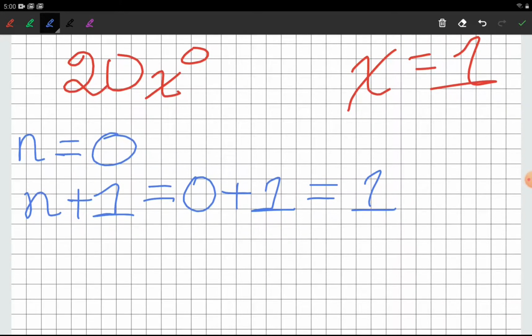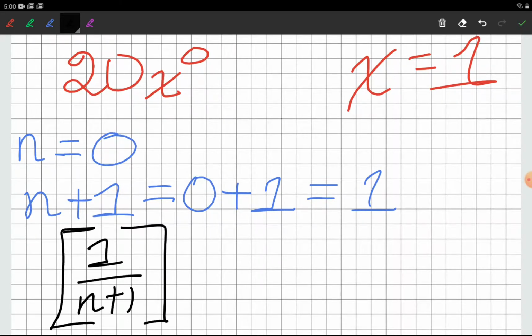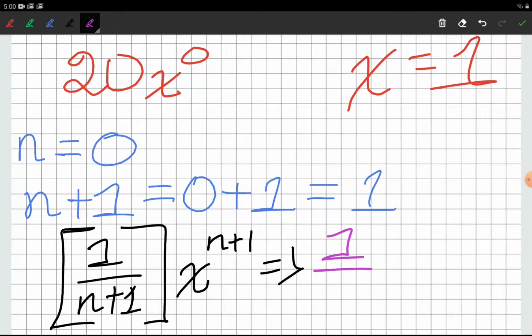Okay, and so using the formula, remember, this is our formula, I have 1 over 1 times x. I'm sorry, forgot the 20.